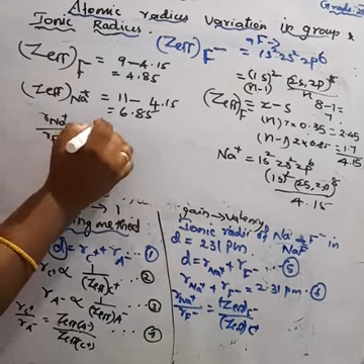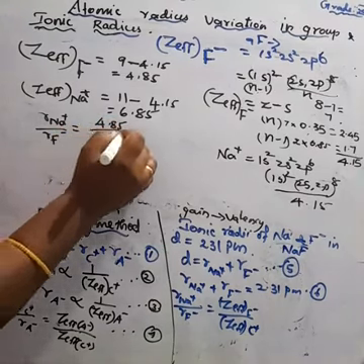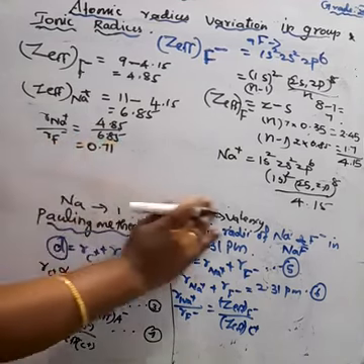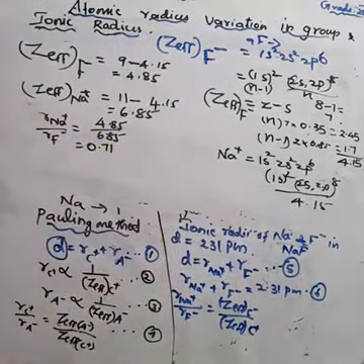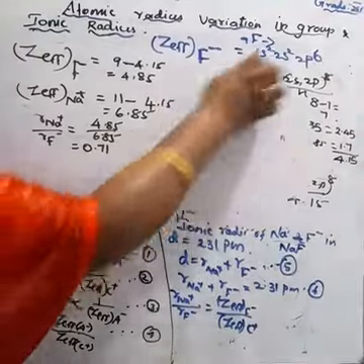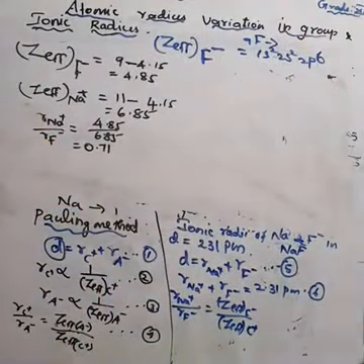Understood? By dividing these values, we get 0.71. So R Na+ by R F- is 0.71.